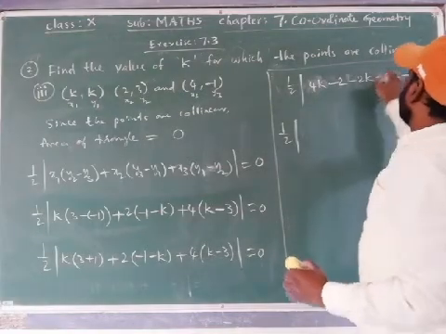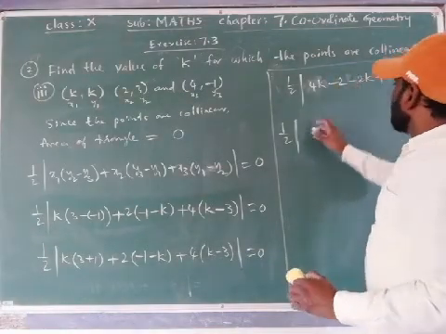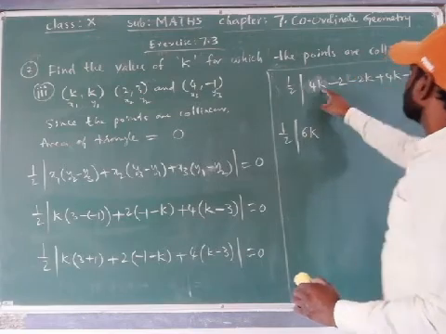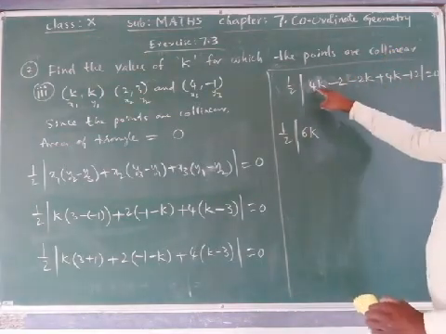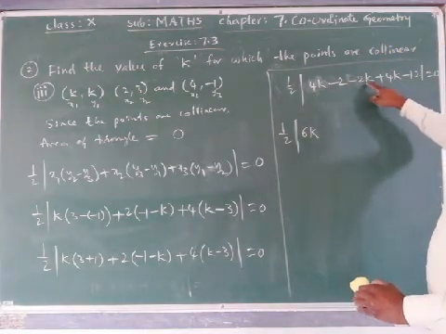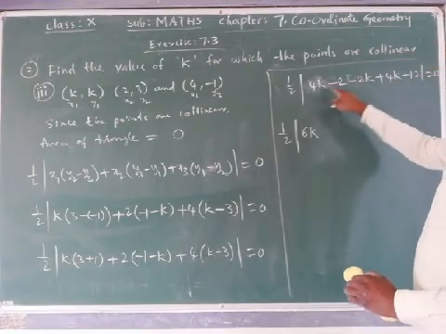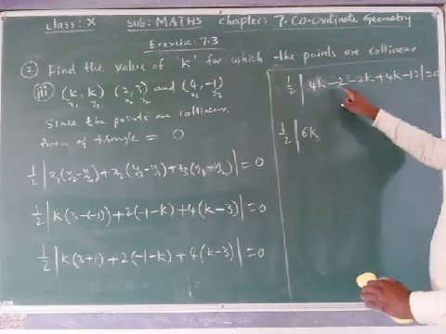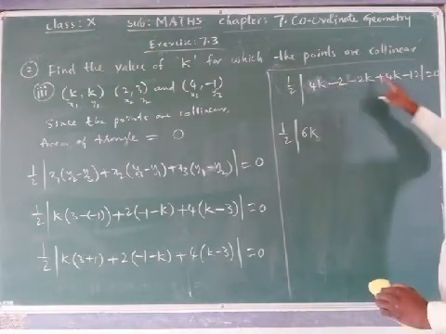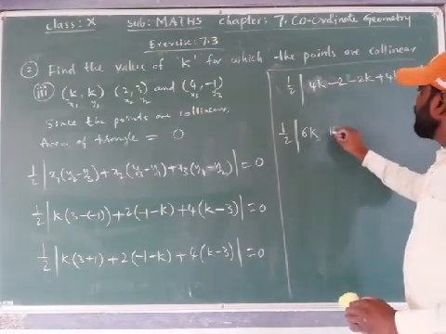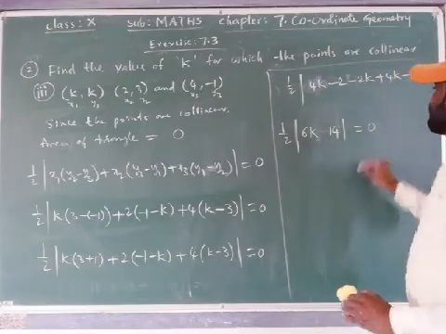That means total 8k minus 2k, it is 6k actually. There are 3 k terms. Next, here minus 2 minus 12, it is minus 14. Minus 14 is equal to 0.